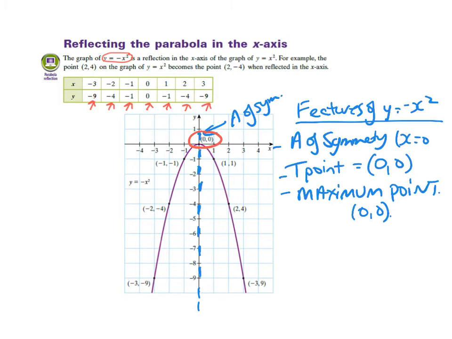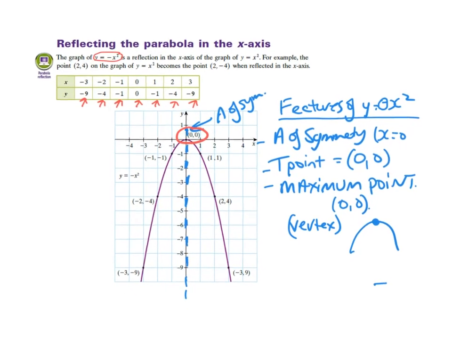Sometimes we call that the vertex. And so that is just this point here, the corner, the turning around piece. And so that's what you need to be aware of for this. Another thing that you should be aware of, and I'm going to go back to the previous graph. The next one was the upside down one, and I had a negative in front of that equation, and it has almost the same features.